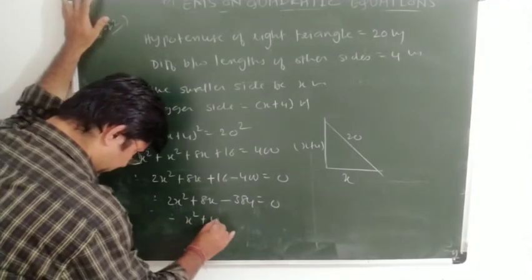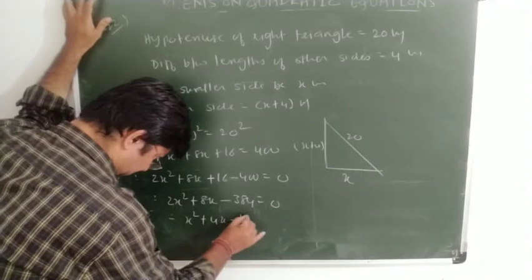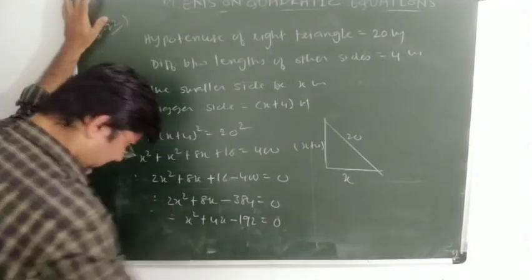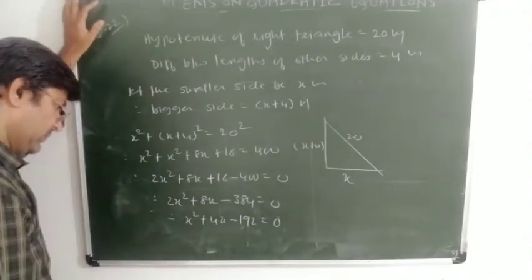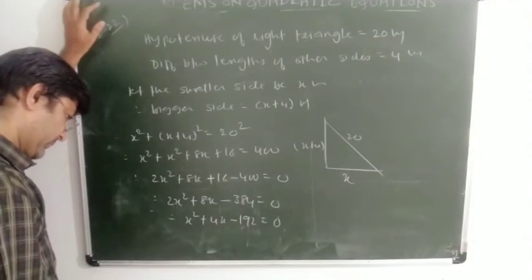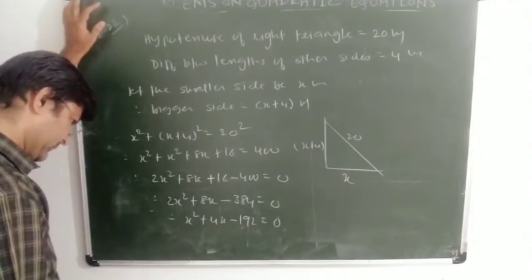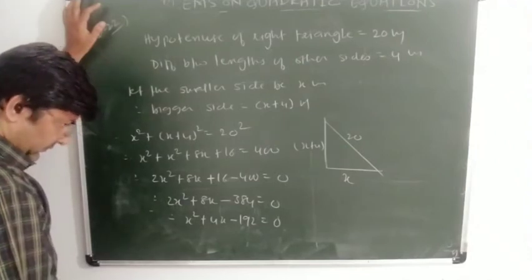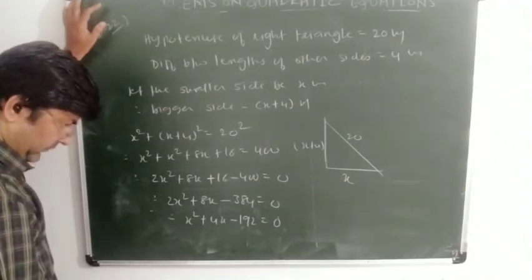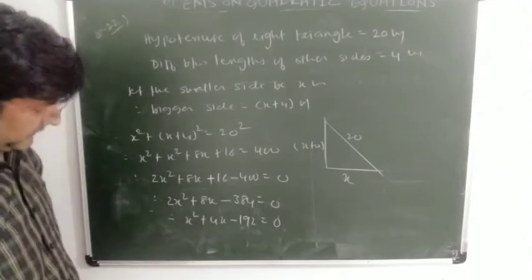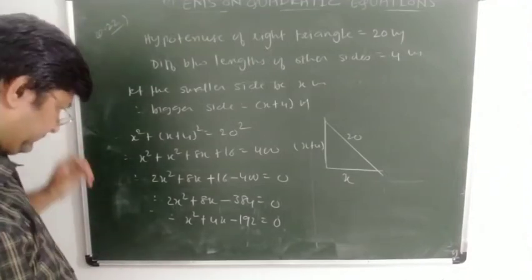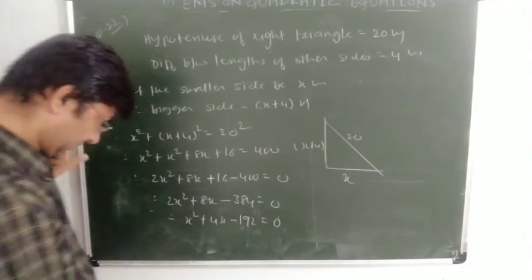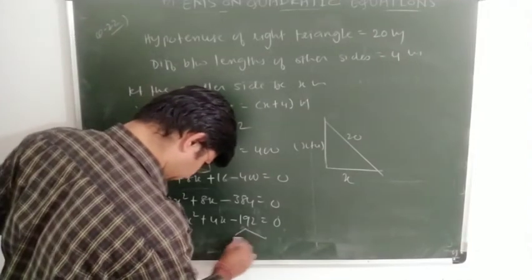Therefore x square plus 4x minus 192. Okay, now find two factors of 192 such that the difference is 4.